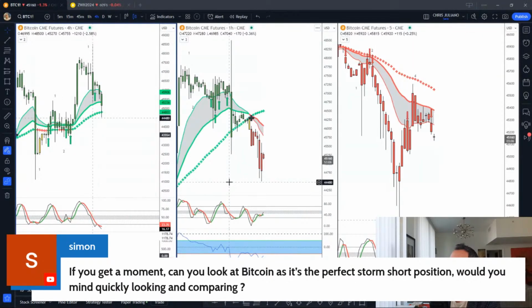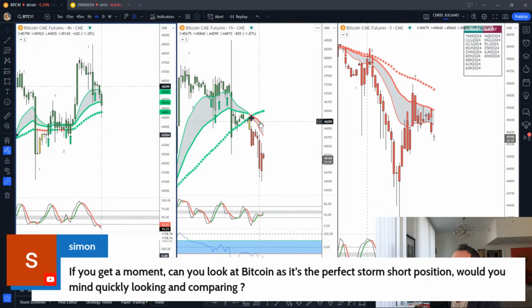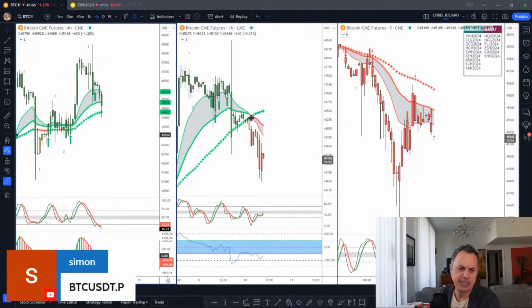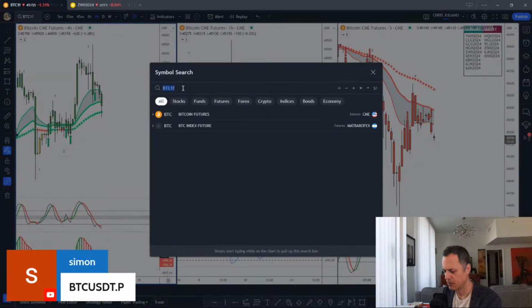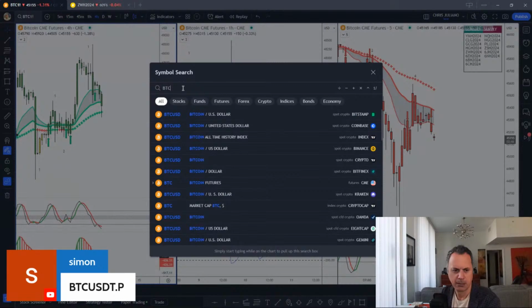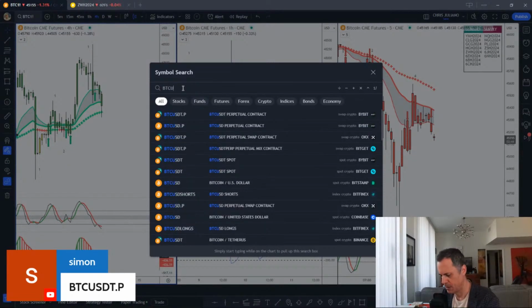This is Bitcoin futures right here. Again, kind of a pseudo downtrend on that 1 hour chart. The tethered one. Oh, okay. Well, let's take a look. BTC USD.